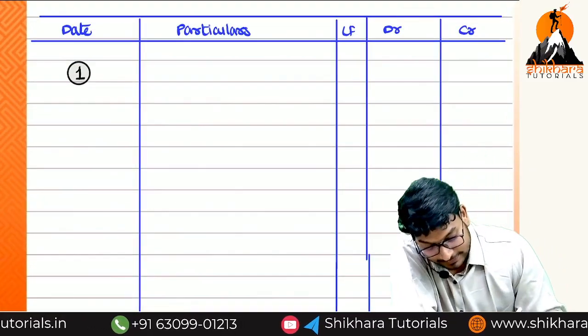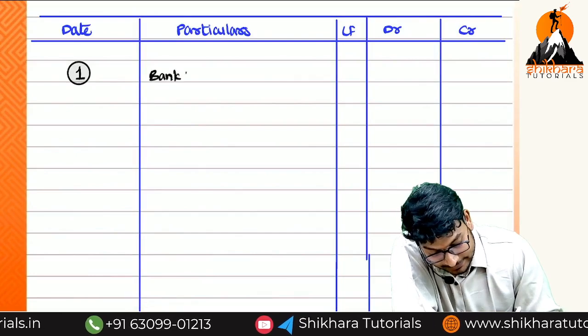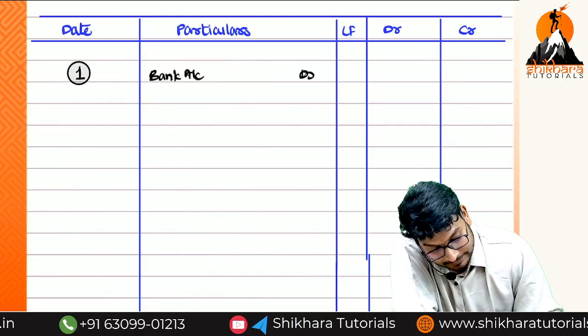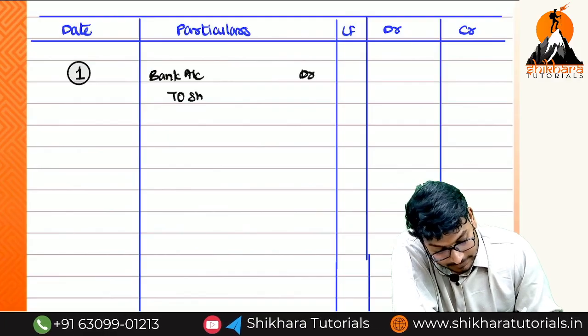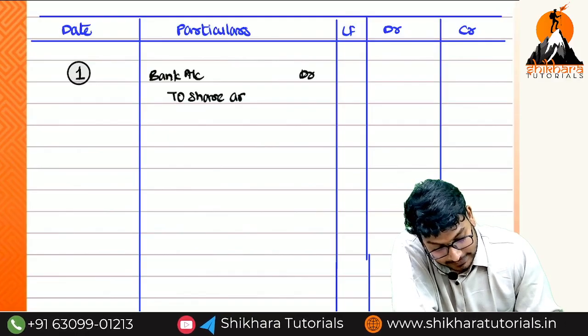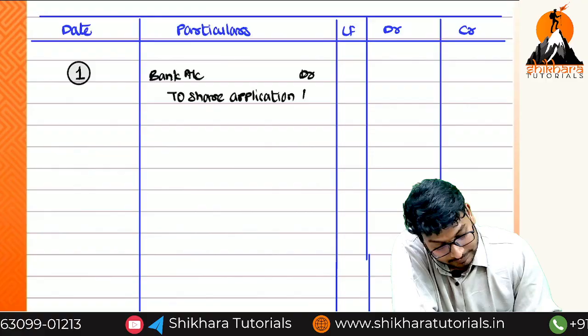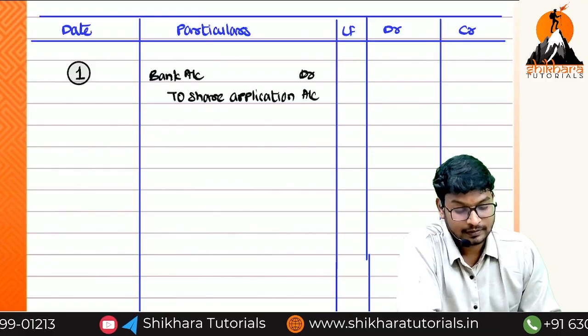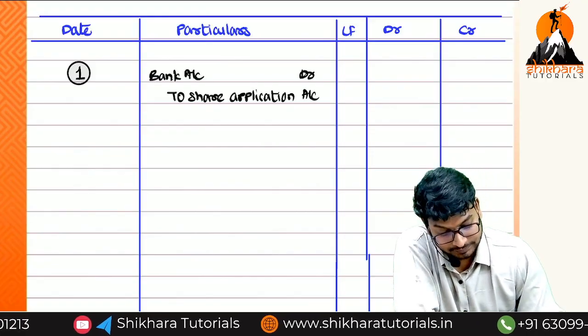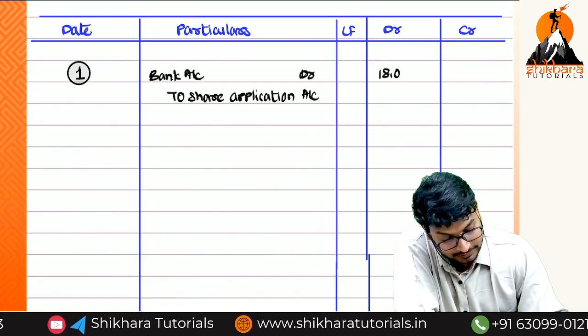What is the entry? Bank account debit to share application account. So what is the amount? 18,000.